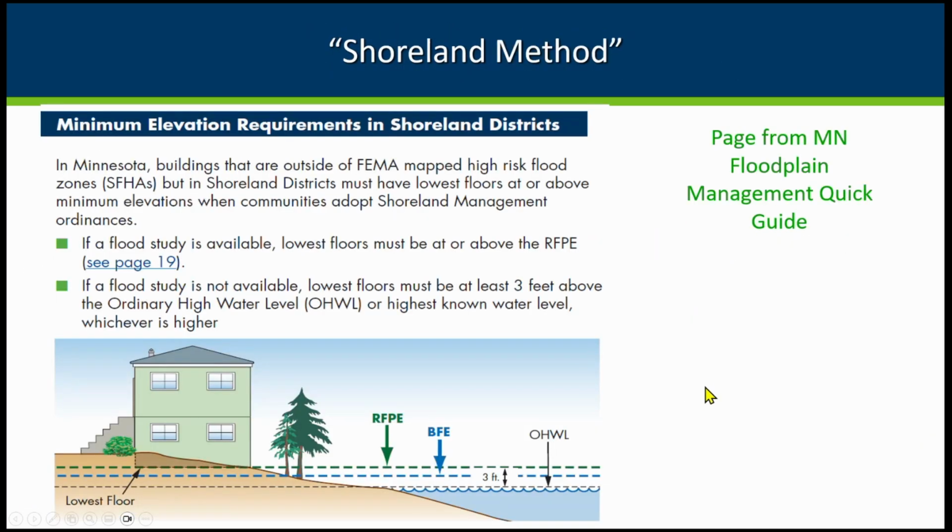And this is something that we show in our quick guide, which Doug mentioned earlier. On page 19 of that, we show that same concept, that there's the 3 feet above the ordinary high or highest known water level, and a foot of that is going to be that freeboard. So the BFE is estimated 2 feet above the ordinary high or highest known.